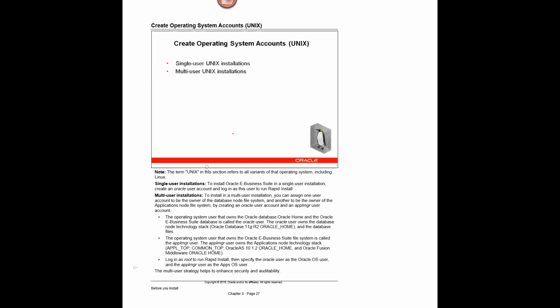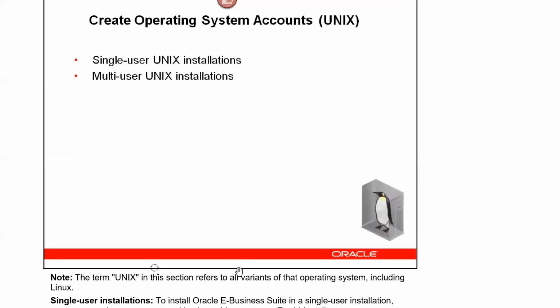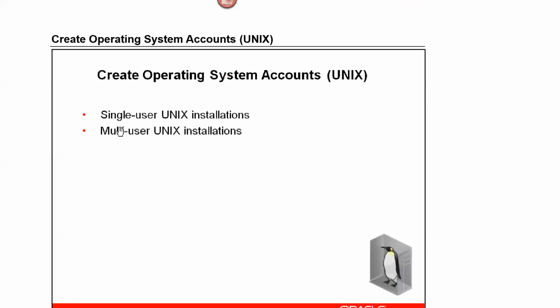We bring the software. Sometimes you may do everything with a single user. In my current single node installation, I'm using a single user: Oracle is the user for both the application and the database. But sometimes you may have to use multiple users.